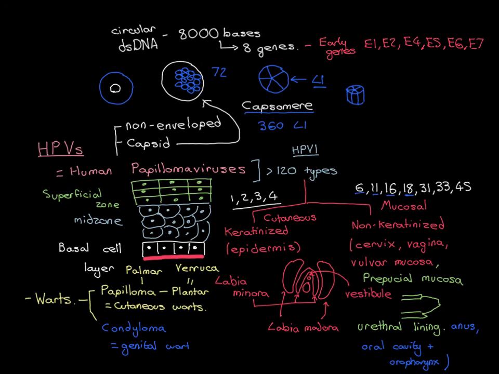Okay, so those are the early genes, and we use the same names for the proteins for which they code, the early proteins. And then there are also 2 more genes, which are the late genes that are expressed later on in the viral life cycle, and we'll see this when we look at the life cycle, which are L1 and L2, and we've already come across L1, which is the protein that is used to make the capsomeres.